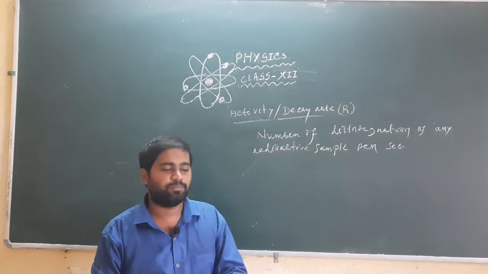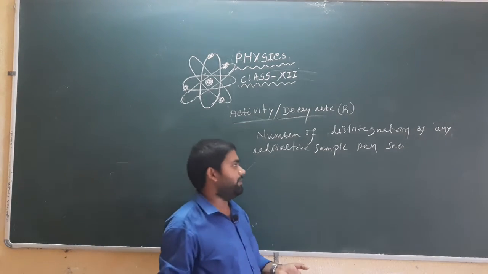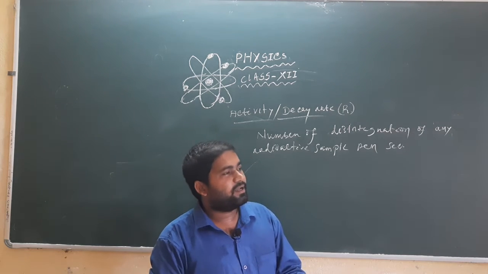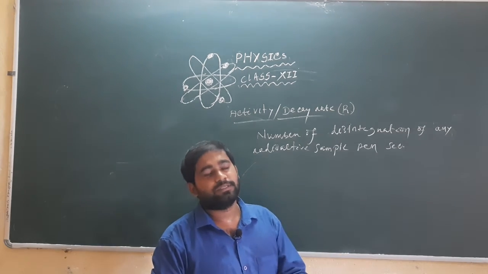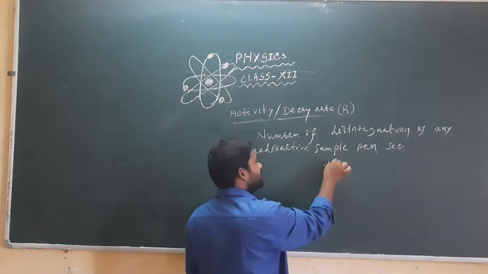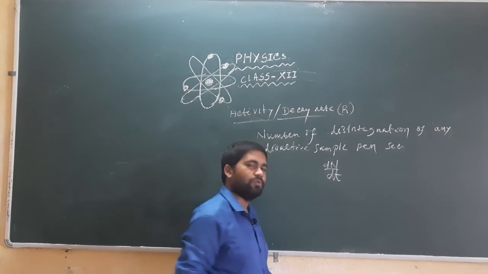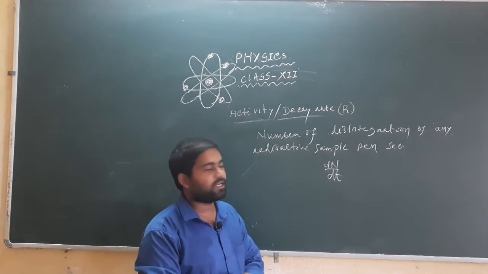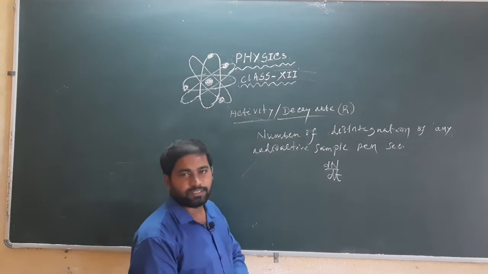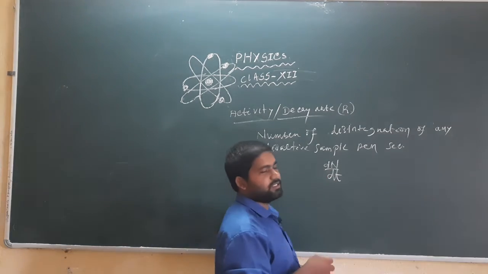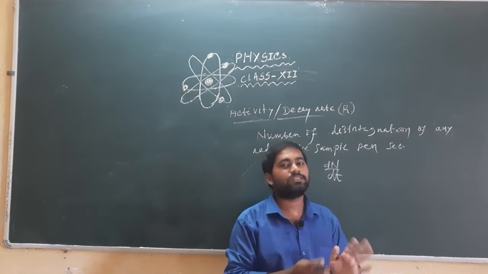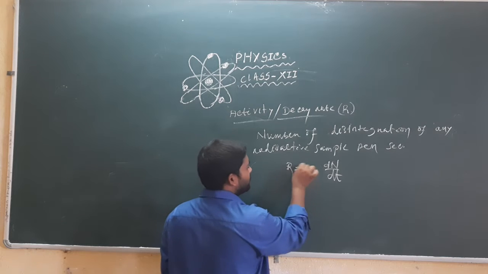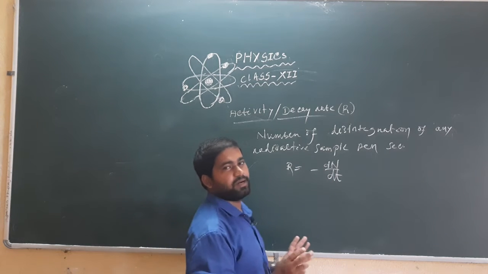From the laws of radioactivity, the rate of decay is dN upon dt, the number of samples disintegrating per unit time. So we can say activity R equals minus dN by dt.